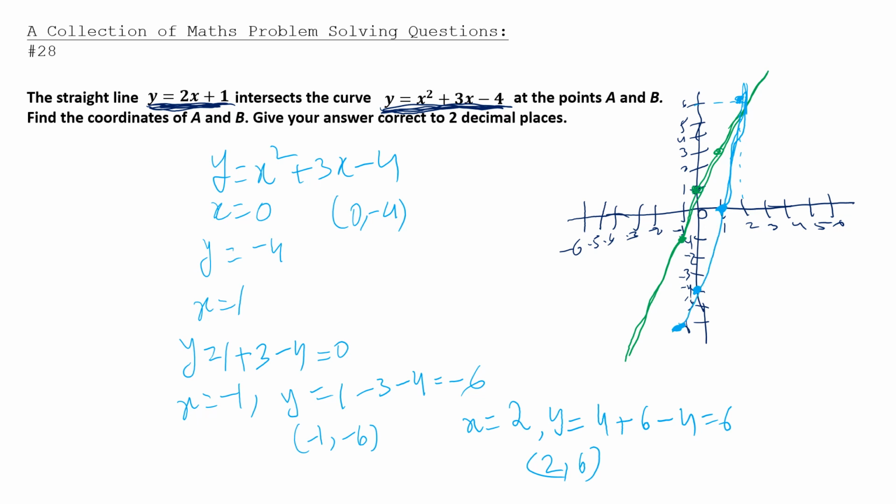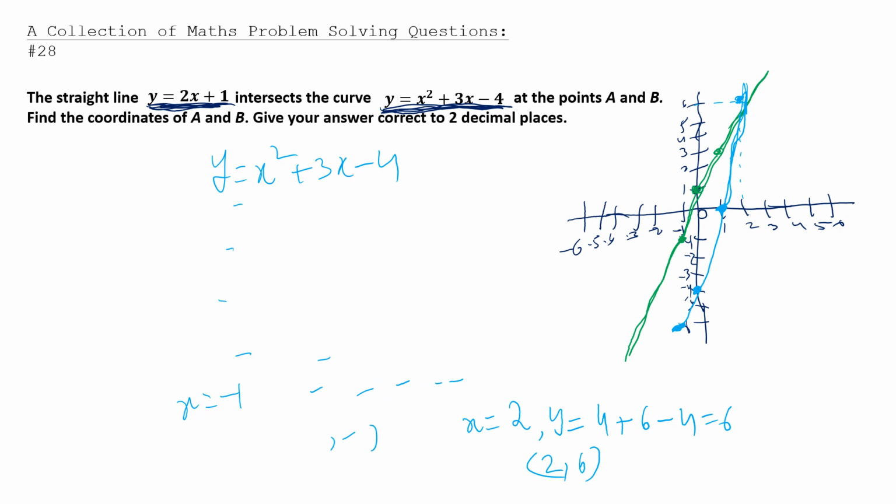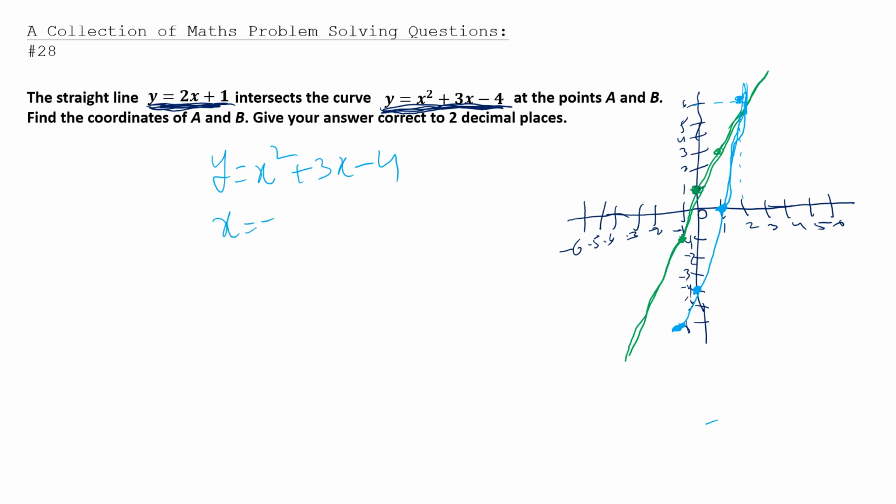And then let me do more. If I put x is minus 2, I get y equals 4 minus 6 minus 4. That is minus 6. So the other point I get is minus 2, minus 6, which is again here.